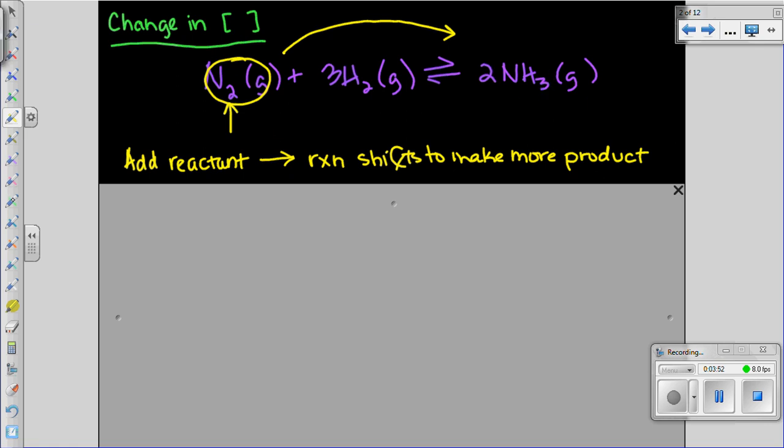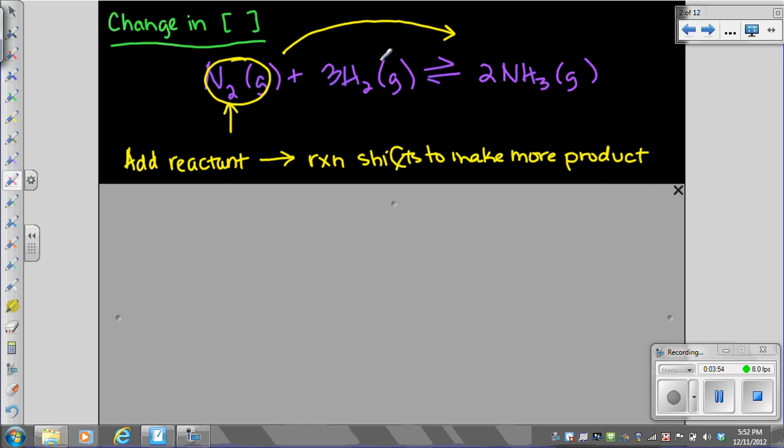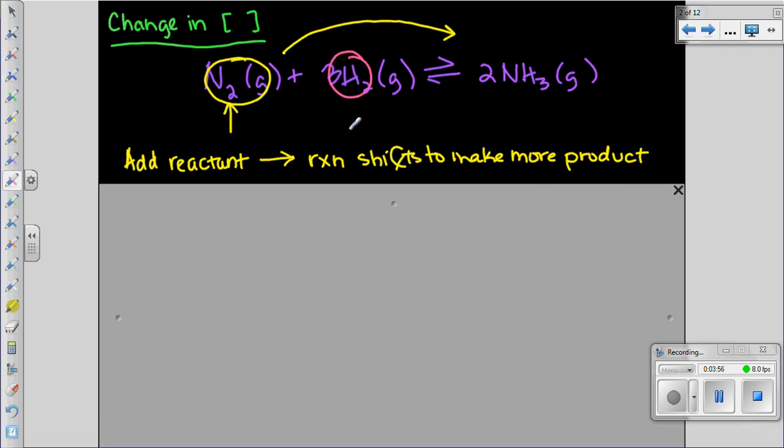Now the same thing would happen if you increased the concentration of hydrogen. If I increase the concentration of hydrogen, I'm stressing the reactant side, so the reaction is going to shift to make more ammonia. Now what happens if we do the opposite?